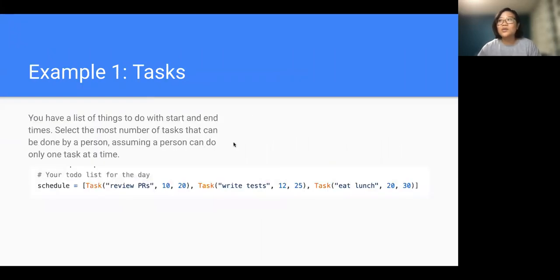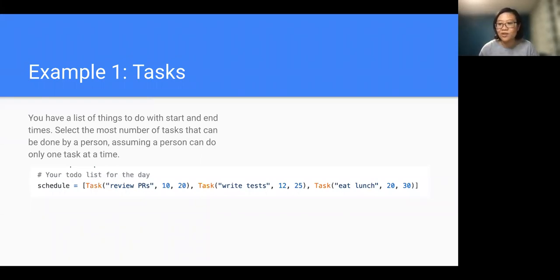So how do we think about greedy algorithms? We said we want to think about the problem step by step. So let's look at this first example. I'm just going to call it tasks. Say you have a list of things to do with start and end times. This is a common problem for everyone who works in tech.